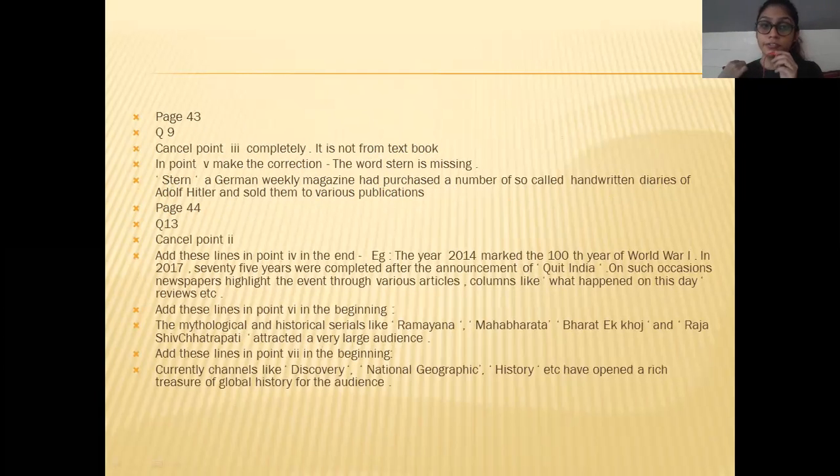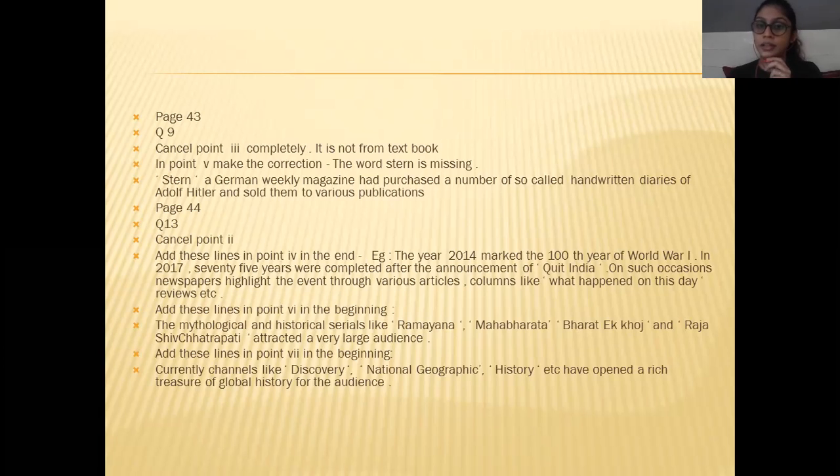On page number 44, question number 13. Cancel point 2. The entire point 2 will be cancelled. Now in point 4, you have to add a point.